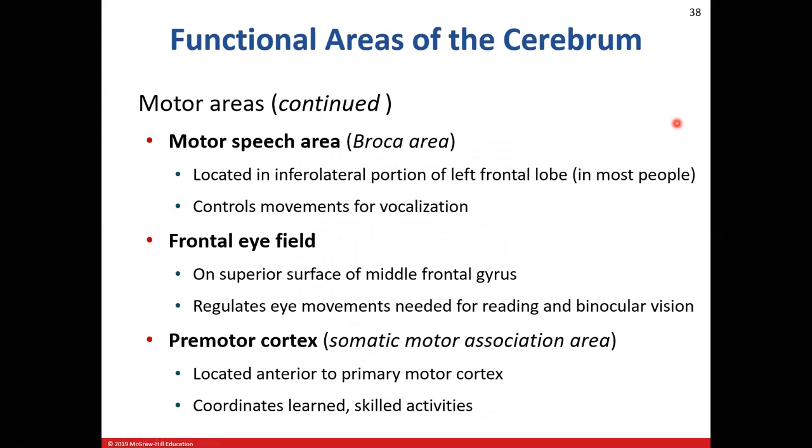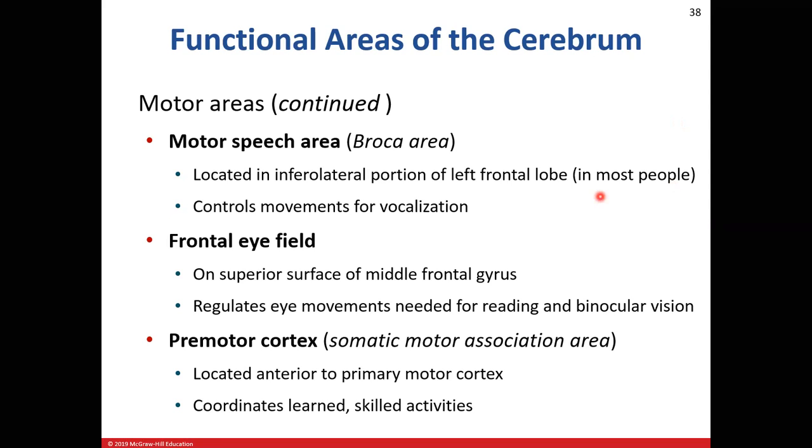As we continue on with the motor areas, we look at the motor speech area, which we know as Broca's area. It's located in the inferior lateral portion of the left frontal lobe in most people, and it controls motor movements for vocalization. Our frontal eye field is on the superior surface of the middle frontal gyrus.